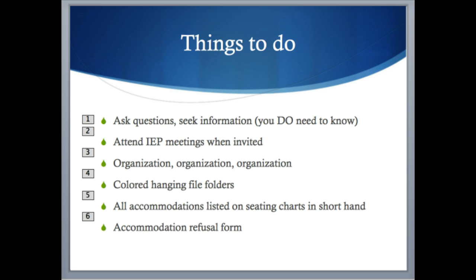Some accommodations are only rarely used, and so you may not be able to remember every single accommodation that every one of your students has. So having a little shorthand on the seating chart is a good idea. The thing that you definitely don't want to do is fail to offer accommodations to students who have them, and having the shorthand notes on your seating chart will help avoid that happening.